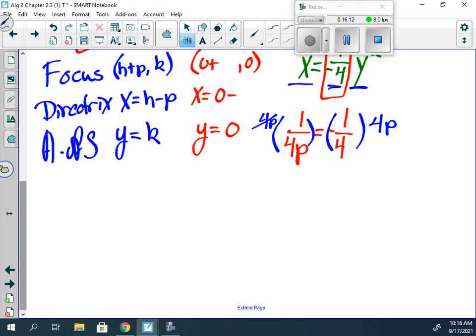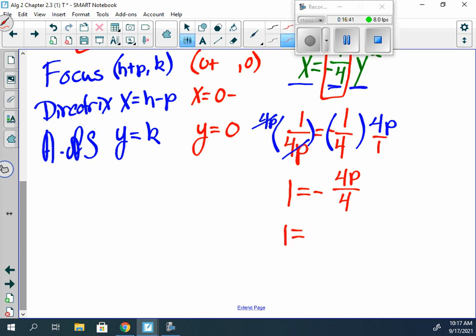This 4p and 4p will cancel, leaving us with 1. What happens with the 4 and 4 here? That would give us 4p over 4, because when we multiply, we always multiply by the numerator.